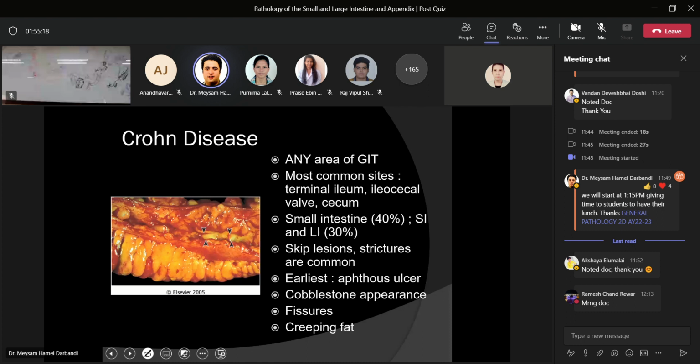In Crohn's disease, any area of the GIT can be involved, but the most common site is the terminal ileum. That is where vitamin B12 will be absorbed. Small intestine, 40%. Skip lesions and strictures are common. Earliest is aphthous ulcer, but however, it will be cobblestone appearance, fissures, and creeping fat.